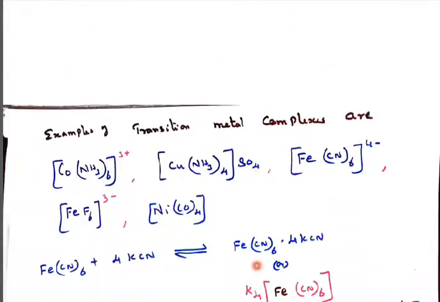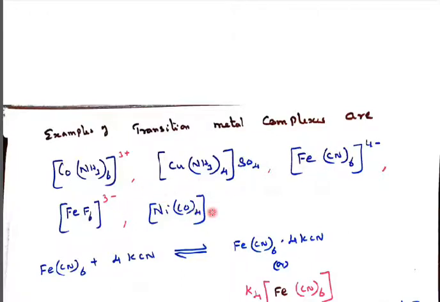So let us see another example of transition metal complexes. This 3 plus is a cationic complex, and this is [Cu(NH3)4]SO4, with a neutral ligand, a neutral complex, and this is an anionic complex.